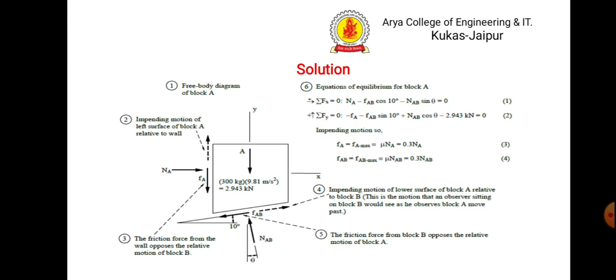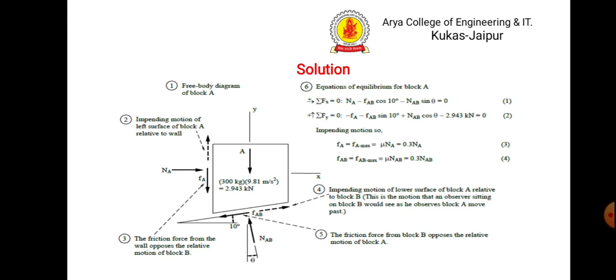Similarly at the bottom side, the motion is impending upward, so the friction force will be downward, it is FAB. This is the friction force from block B, which opposes the relative motion of block A.